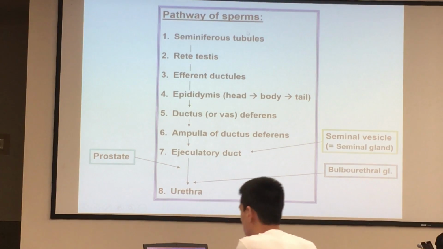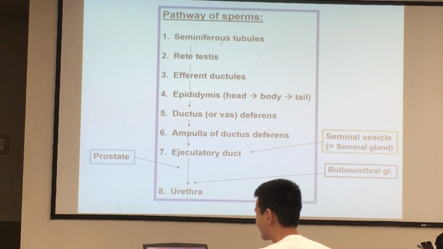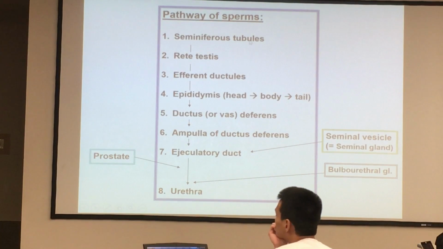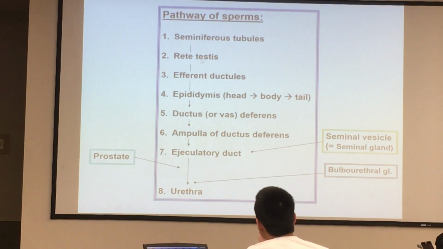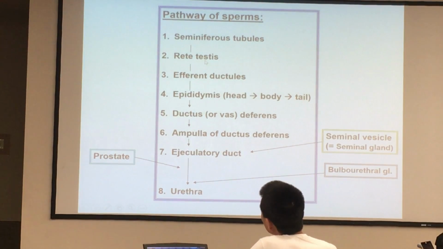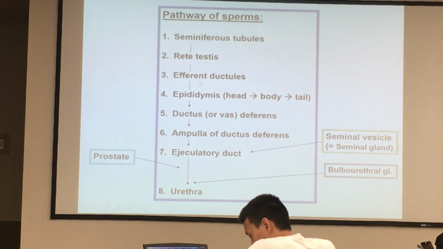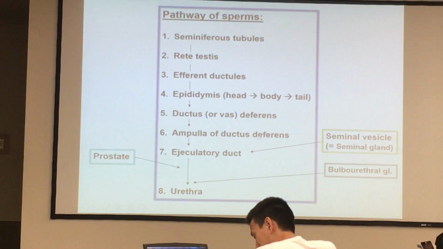The pathway of sperm, how they produce: first inside the seminiferous tubule and sent to the rete testis. And the tube sent out, efferent duct tube sent to epididymis, and through the head, body, tail, and sent to the vas deferens or ductus deferens. And the end of this one we call ampulla of ductus deferens.